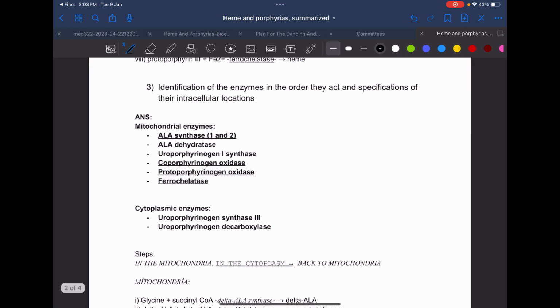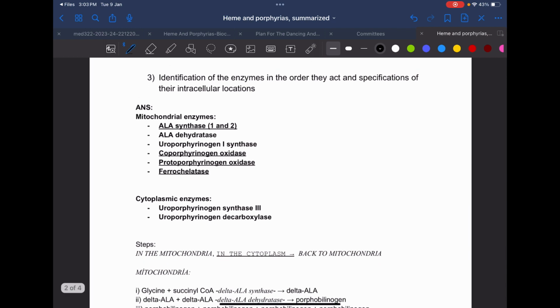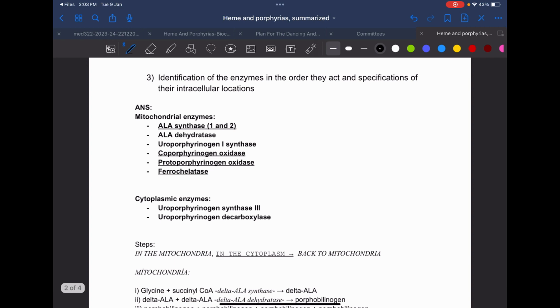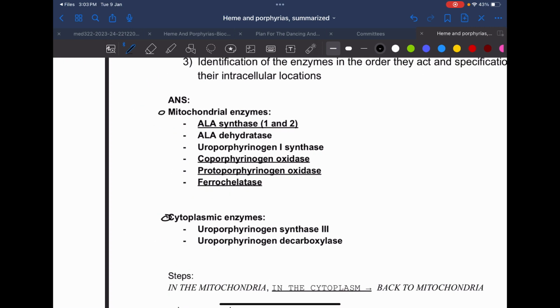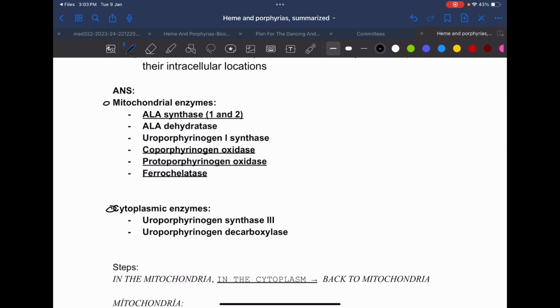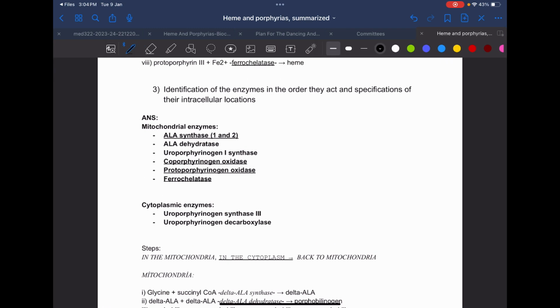Moving on, here it's asking us to identify the enzymes in the order they act and the specifications of their intracellular locations. Again, just asking us to know the mitochondrial versus cytoplasmic enzymes. Over here, I have 6 enzymes. The ones that are underlined are the ones that were mentioned in your lectures, and the ones that are not underlined were not mentioned, but they're important to know.